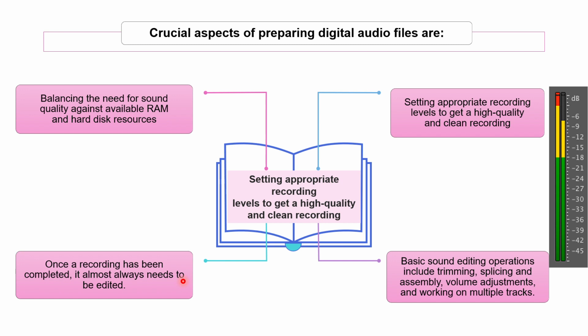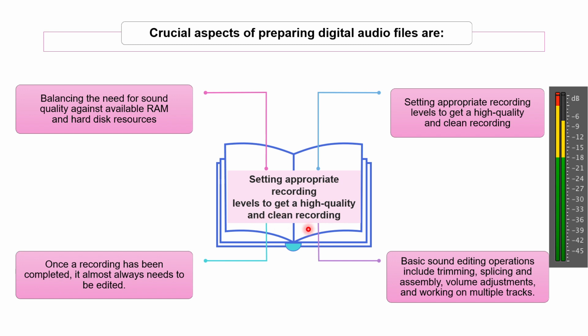Once you record your voice, your sound, you need to edit in order to reduce the noise. So basic sound editing operations include trimming, splicing and assembly, volume adjustments, and working on multiple tracks.